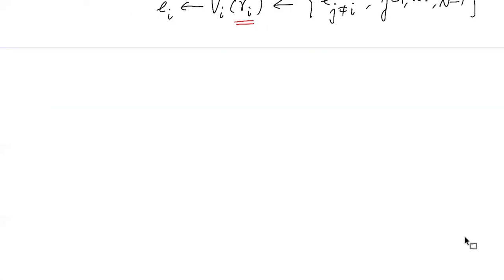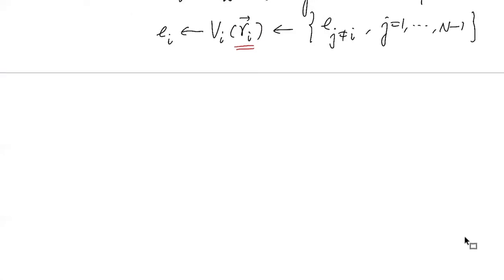Okay? I will derive such an optimal potential for you. So suppose we can do that. Suppose we have found this optimal potential, and for the ith electron, it's only a function of the location of the ith electron. Then the total Hamiltonian is written as a summation of n terms, right? You have n electrons. For each electron, we use a small h_i to represent the Hamiltonian for this ith electron.